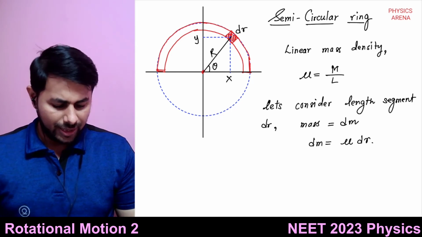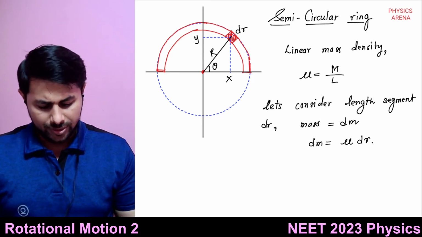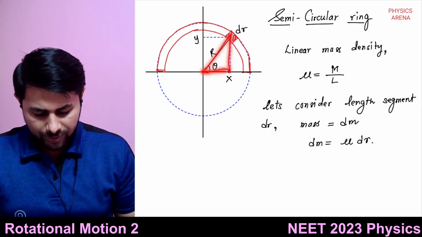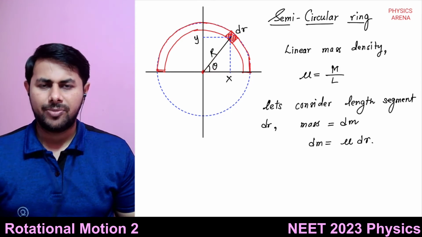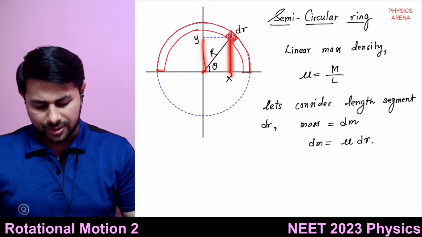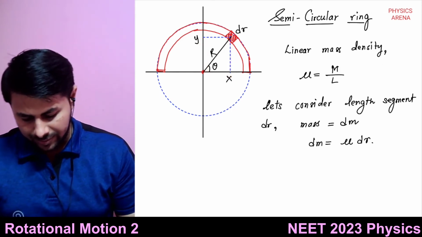Now I want to find out the x coordinate and y coordinate. If we think about this triangle, how much will be this distance? It will be r cos theta. And how much will be this distance? It will be r sin theta, right?